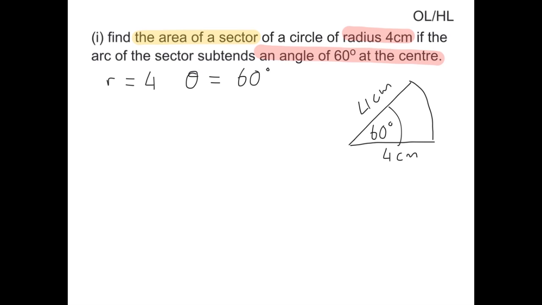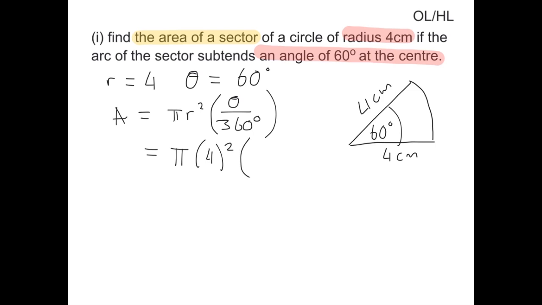So our formula then for area is pi r squared multiplied by theta divided by 360 degrees. Which is equal to pi times 4 squared, all multiplied by 60 degrees divided by 360 degrees.